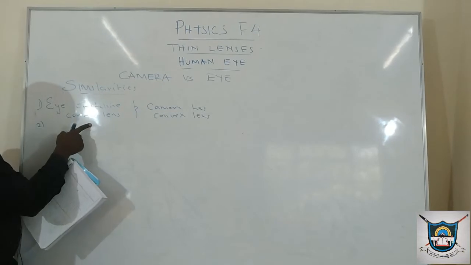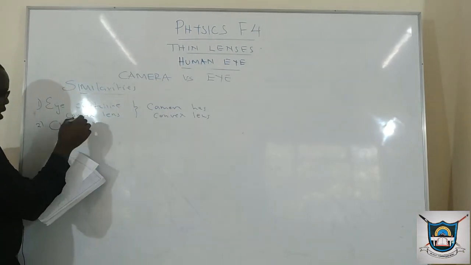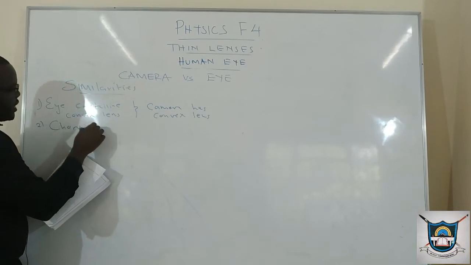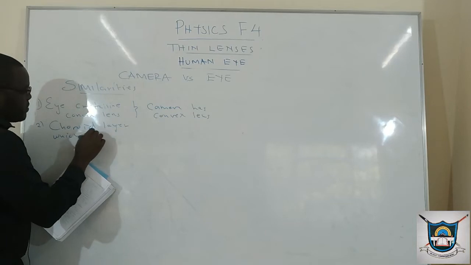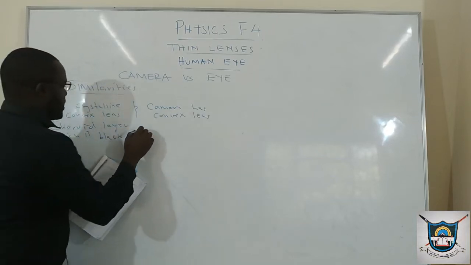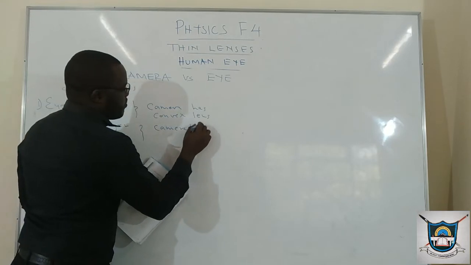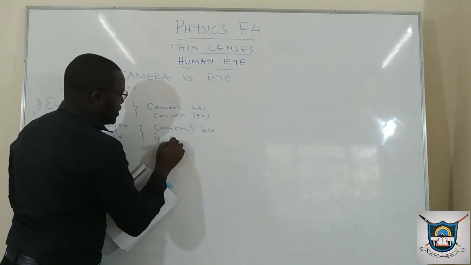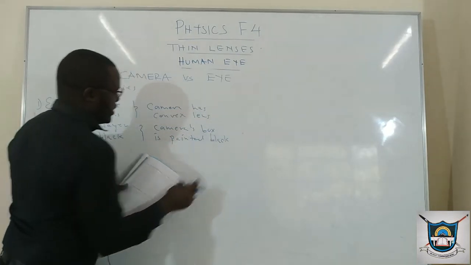So this is natural, this is man-made. Number two, the human eye has a choroid layer, which is black, and on this other side we say a camera's box is painted black, or it is dark inside there.